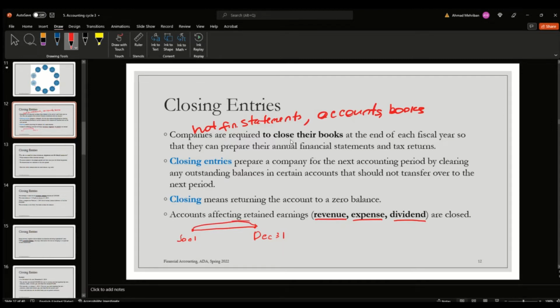So once this December 31 ends and we start a new period, let's say this is 2021, and we're starting a new year on January 1, 2022, we obviously have zero revenue or zero expense because in this period the revenue, expense, or dividends did not occur.